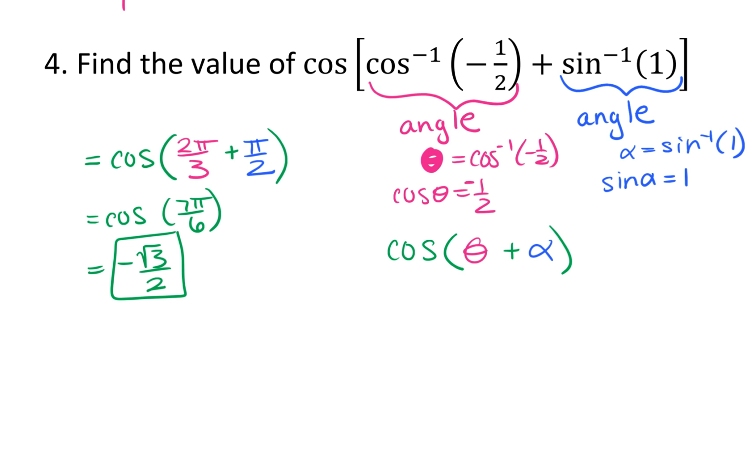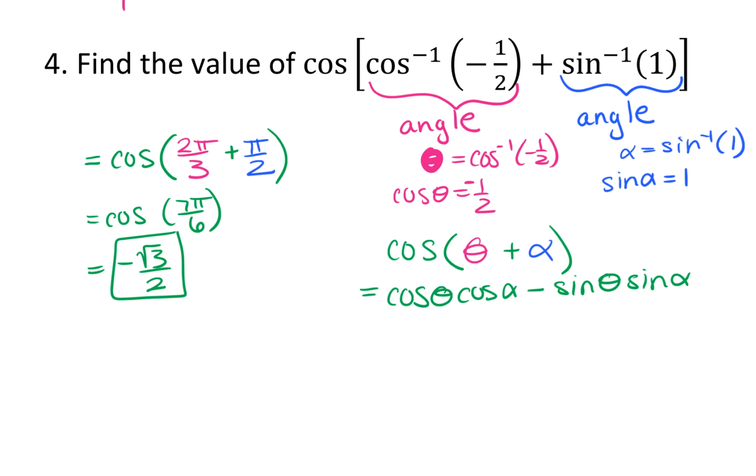And if I would have plugged it into the formula for the cosine of a sum, cosine theta cosine alpha minus sine theta sine alpha, and plugged in the values that we know, you'd get this exact same answer.